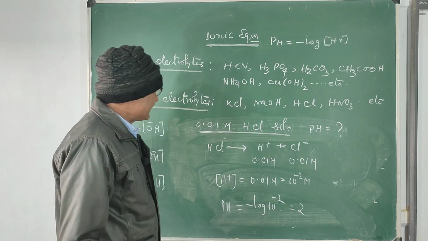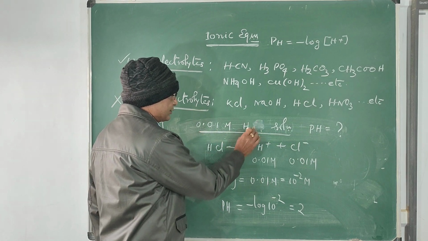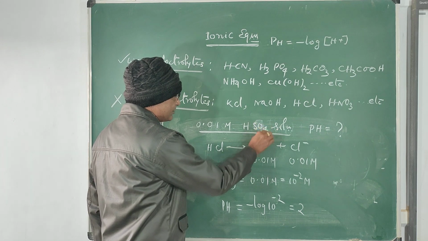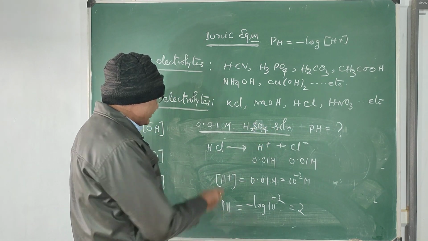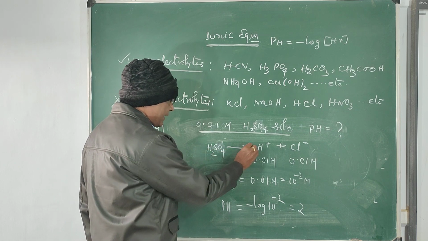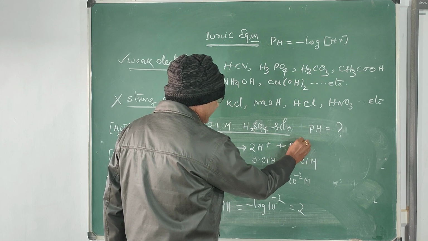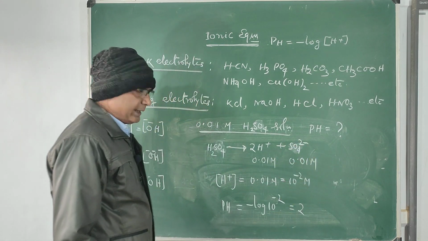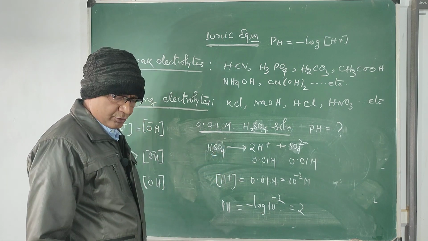See, the second example: 0.01 molar H2SO4 solution. In this case, you know that H2SO4 dissociates as 2H plus and SO4 2 minus. You have taken 0.01 molarity H2SO4.